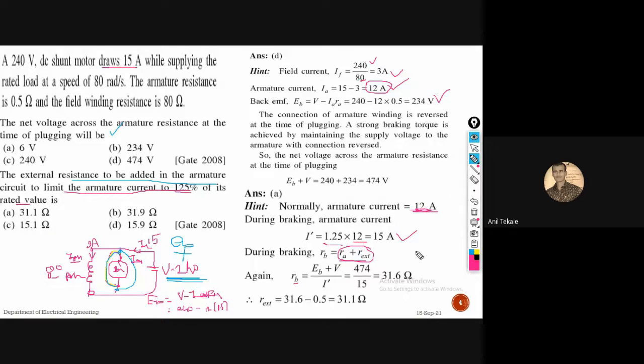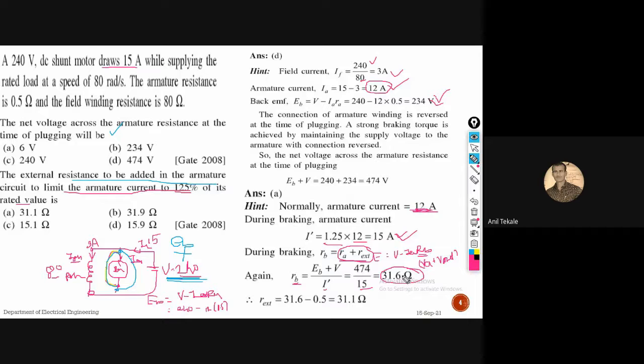As we know, V plus Eb equals Ia Rb, so Rb is Ra plus R external. That is 240 plus Eb, which we calculated as 234, that is 474, divided by I dash, that is 15. So the braking resistance Rb will be 31.6.